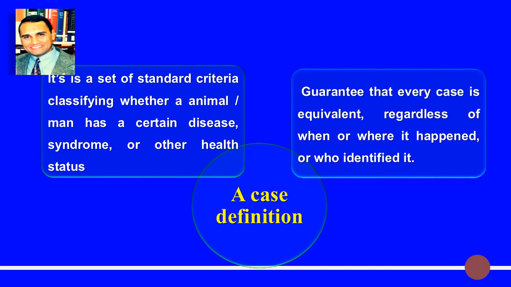Use of an agreed upon standard case definition ensures that every case is equivalent, regardless of when or where it occurred or who identified it, as all the epidemiology team have to practice identifying the case by the same characteristics. Furthermore, the number of cases or rate of disease identified in one time or place can be compared with the number or rate from another time or place.